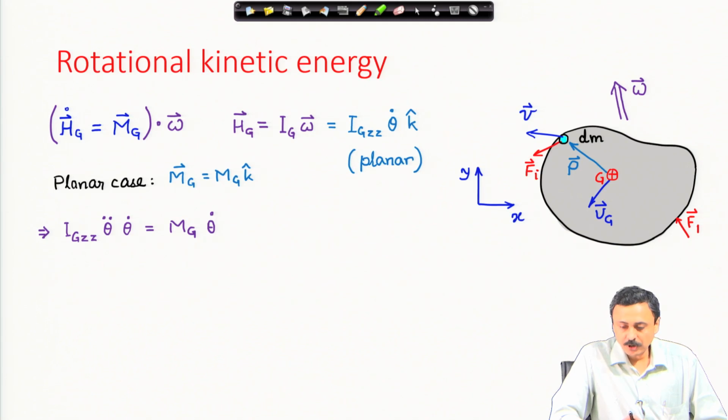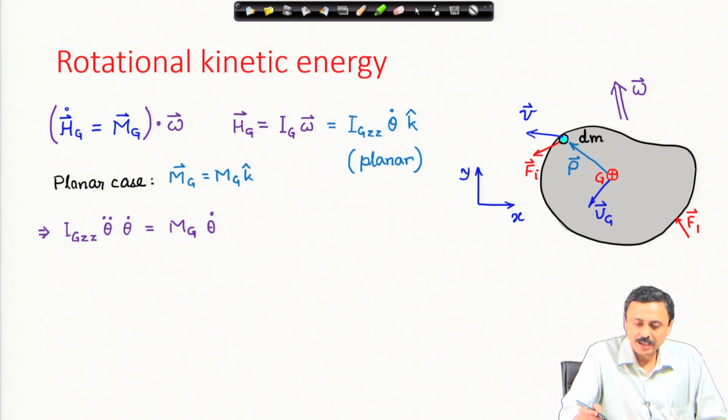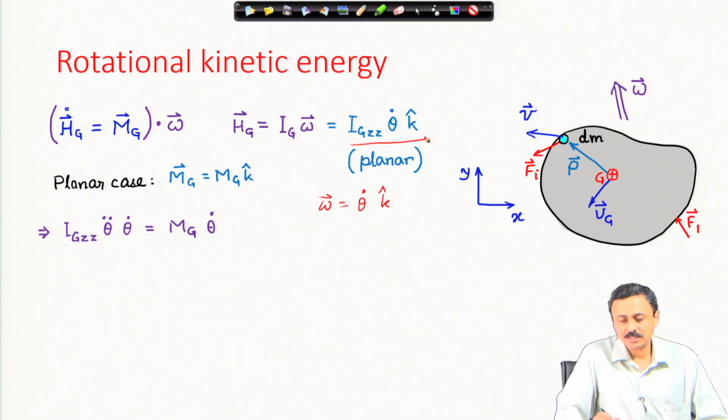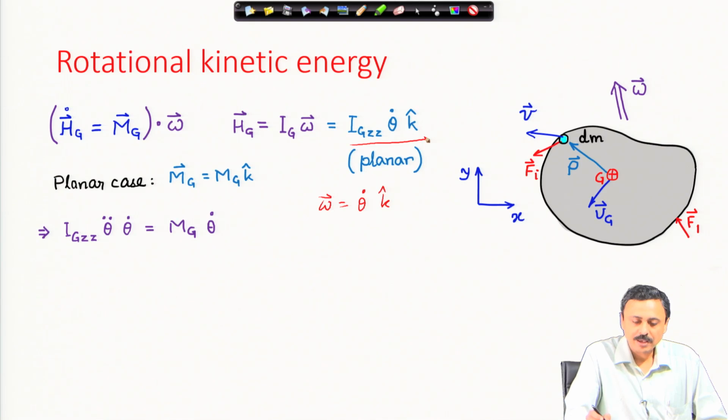I have taken dot product with omega, and I have written omega vector as theta dot k cap, and the angular momentum is I g z z theta dot k cap, and its time derivative is therefore I g z z theta double dot.